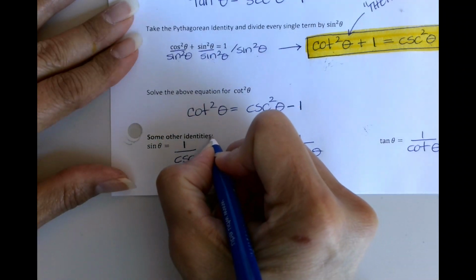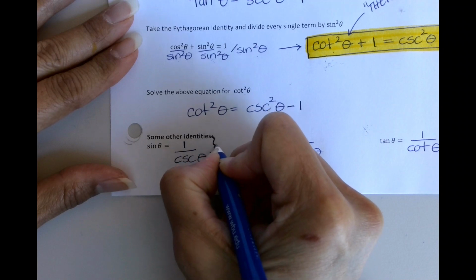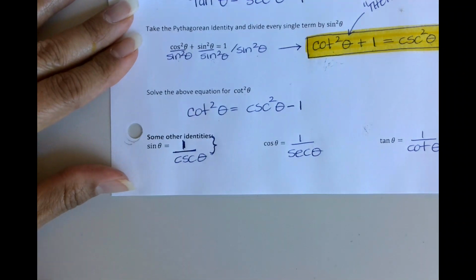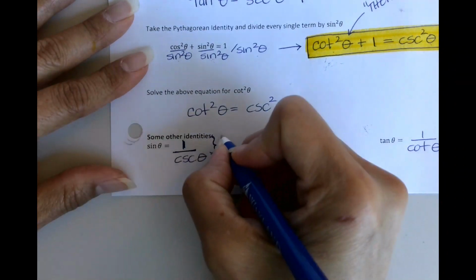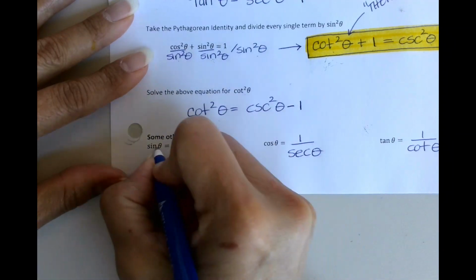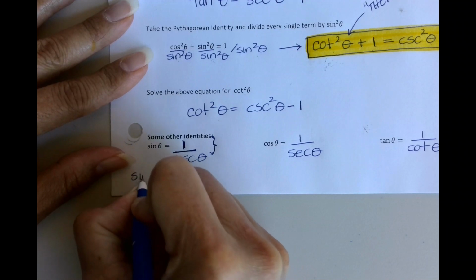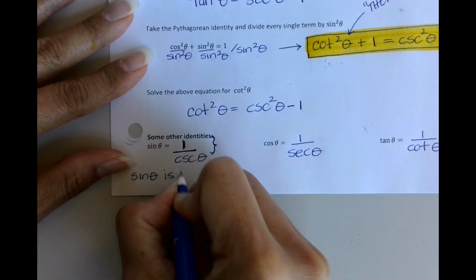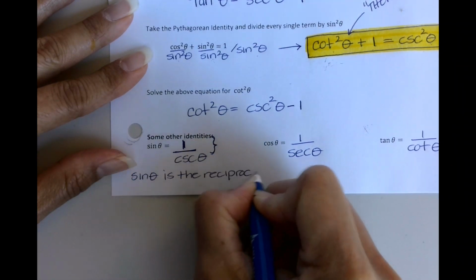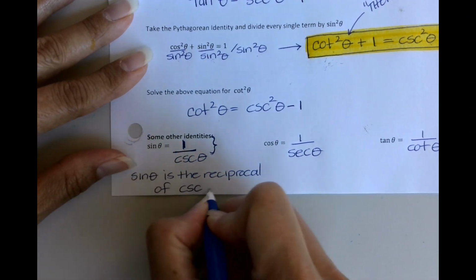This numerical notation right here, 1 divided by cosecant theta, merely means the reciprocal of. So if I wrote the sentence for this equation, I would say sine theta is the reciprocal of cosecant theta.